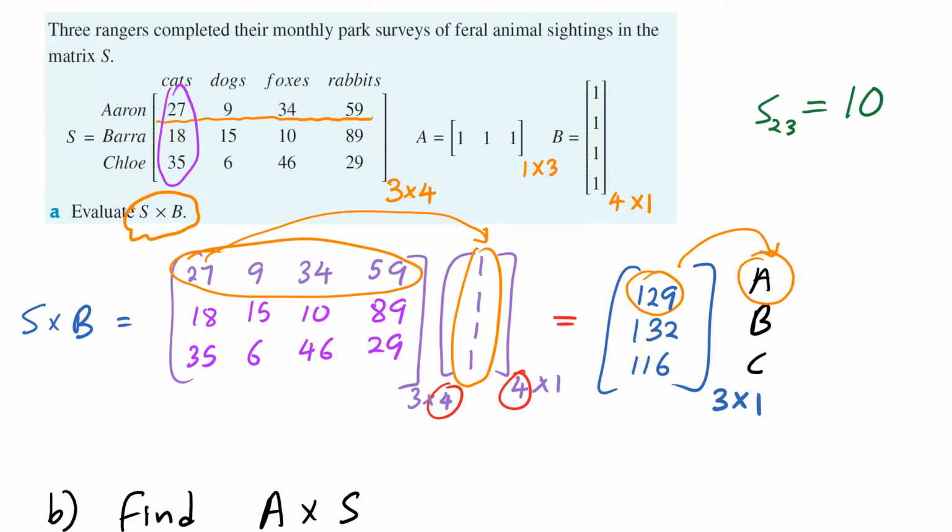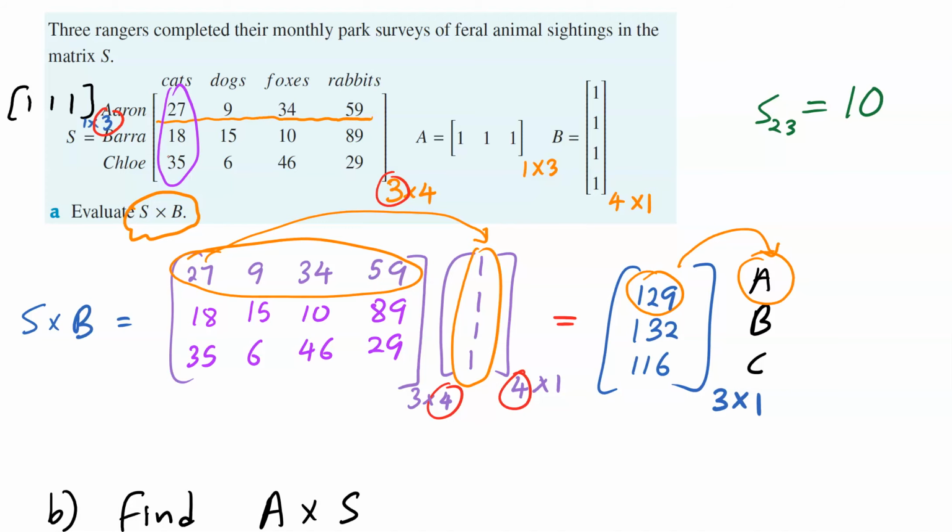But if I were to do it with A, the A should go in the front here as 1, 1, 1, so that it is 1 by 3. This is 3 by 4. Therefore, the number 3 and the number 3 are exactly the same. That means the number of columns in the first matrix is the same as the number of rows in the second matrix. Hence, A times S is defined and gives us values.